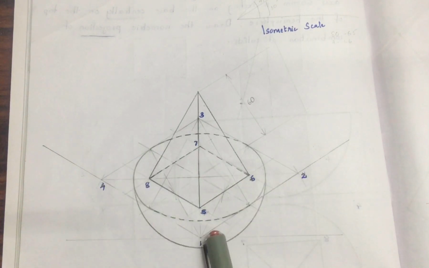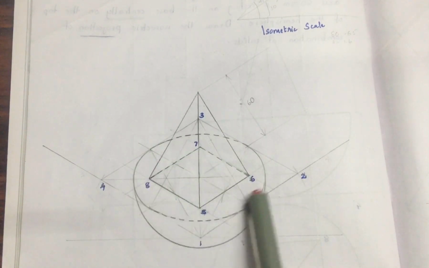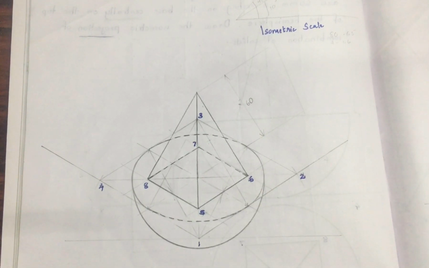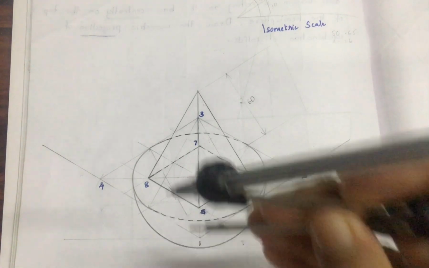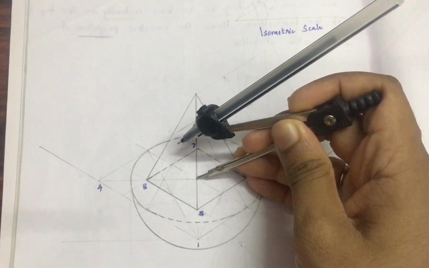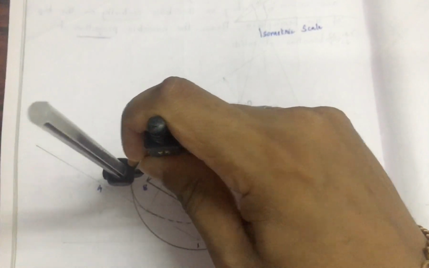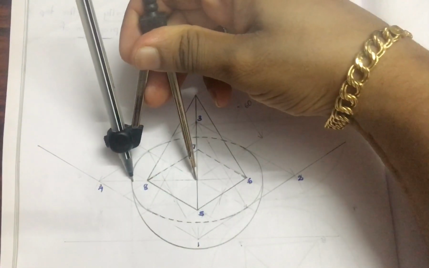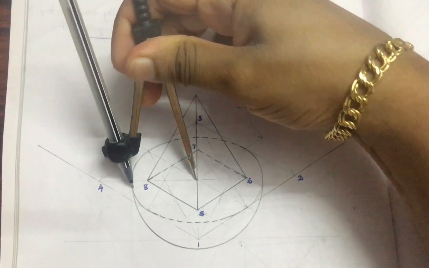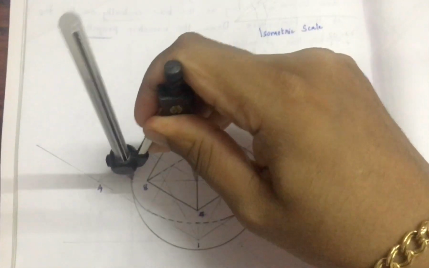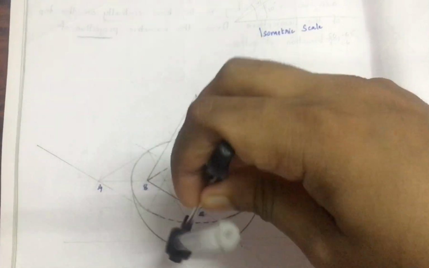After completing the square 1, 2, 3, 4, you draw the ellipse in the method specified earlier. After that, how do you complete the hemisphere? For completing the hemisphere, with this point as center and the end point of the ellipse as radius, you draw the semicircle.